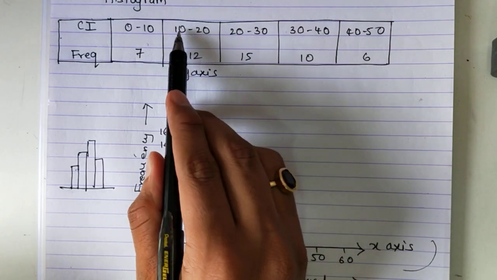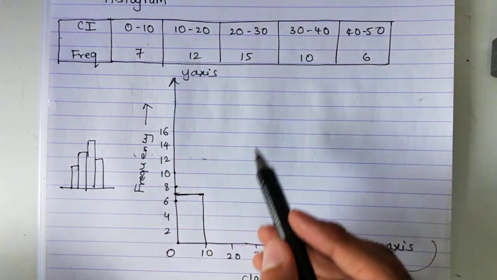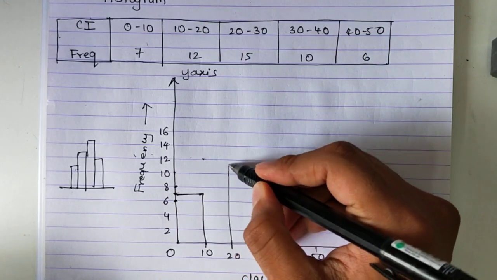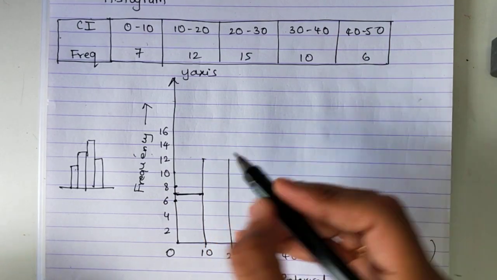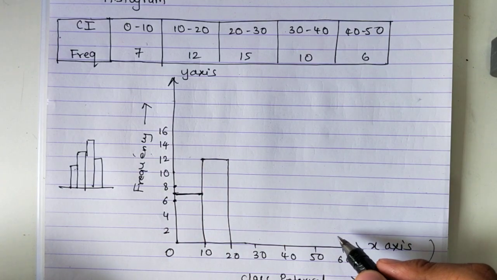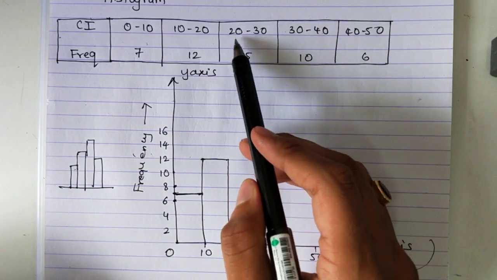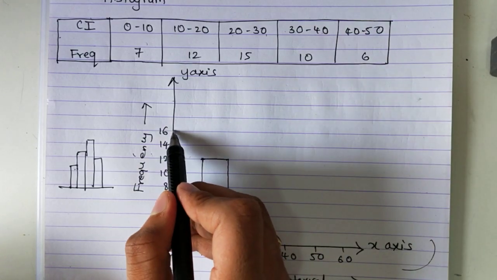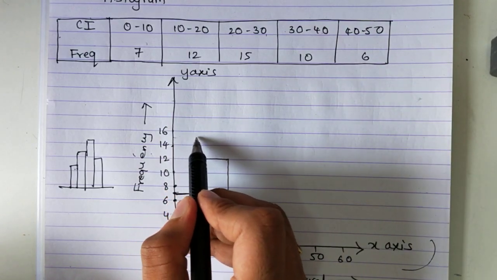Next, from 10 to 20 it is 12. So where is 12? 12 is here, this line. So I'll draw a bar here. The height will be till 12. Then from 20 to 30 it is 15. So where is 15? 15 will be between 16 and 14. So this height.